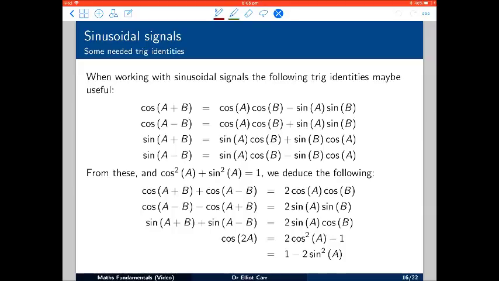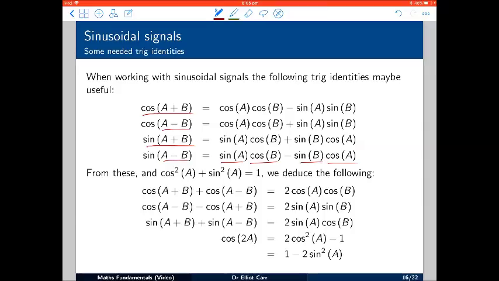Basically these are identities that relate, for example, the cos of the sum of two angles and the sine of the sum of two angles, as well as cos of a minus b and sine of a minus b. Okay, so it basically tells you how to relate these expressions in terms of just the classical sine A, cos A, sine B, and cos B.